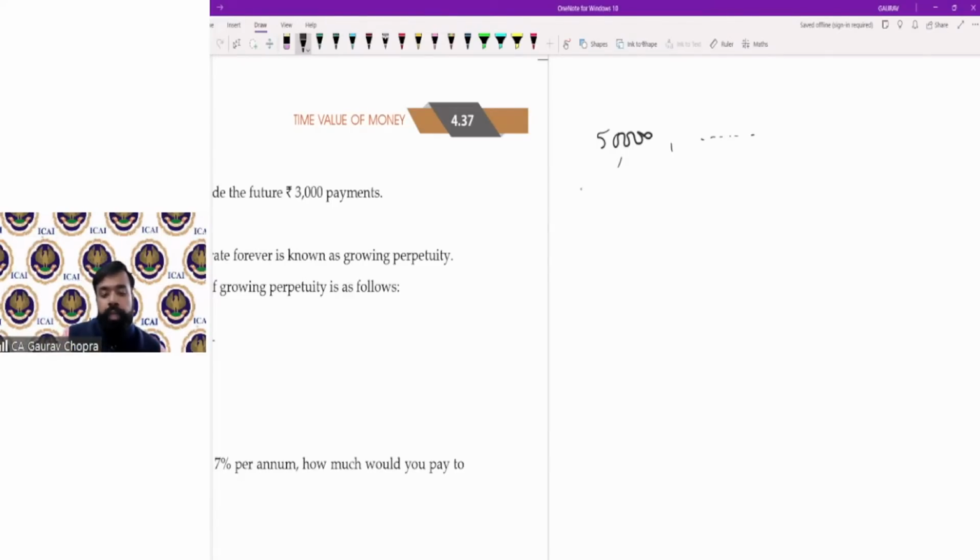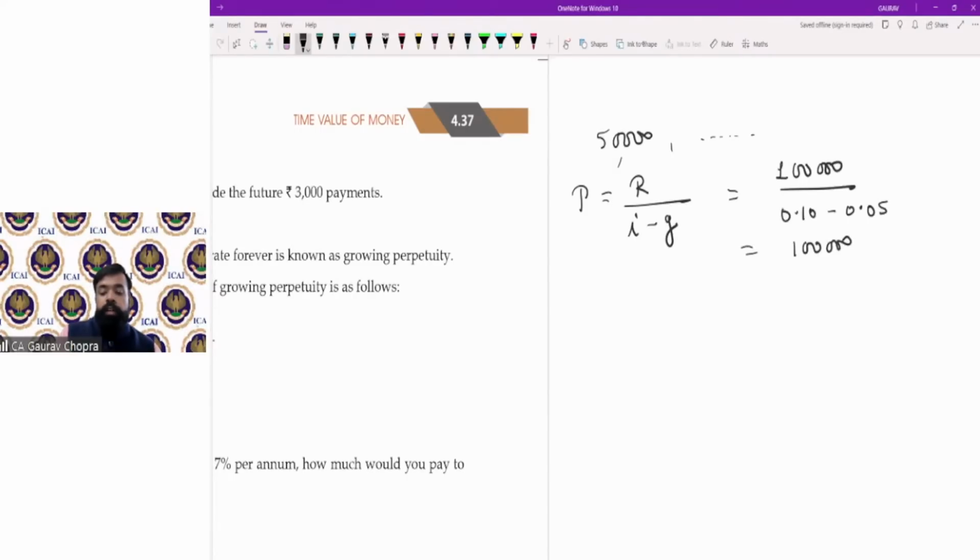So then what will our formula be? Perpetuity is equal to R upon I minus the growth rate. R divided by I minus T. So let's say 1 lakh rupees is required, rate is 10% and growth rate is 5%. We need money with 5% growth, so subtract this 5%.